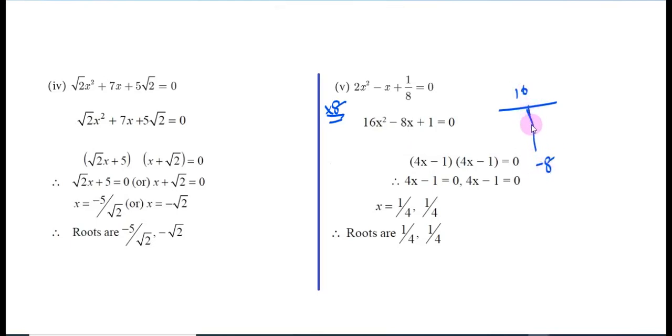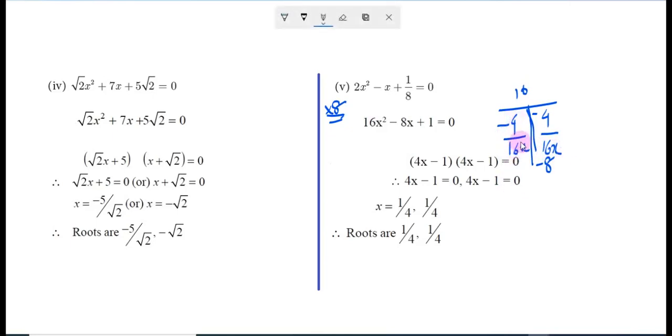So what is the possibility? 4 fours are, here we need minus minus, so minus into minus is plus, 4 fours are 16, minus 4 minus 4, this is minus 8. So by 16x square means by 16x, there also by 16x.